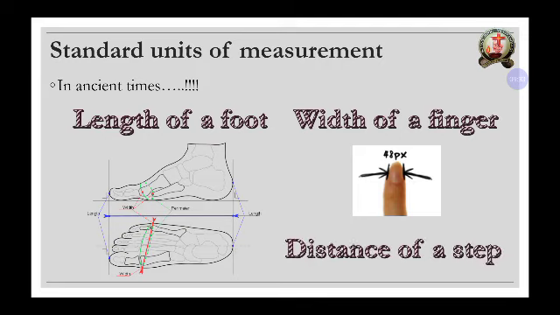The third one is the distance of a step. For example, using steps, especially when you are climbing somewhere. By measuring how many steps you climb, you can tell the distance. Whenever you go to a hillside or hilltop, to temples or something, you may count steps, right?